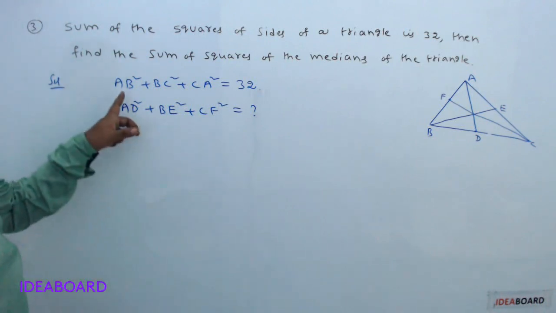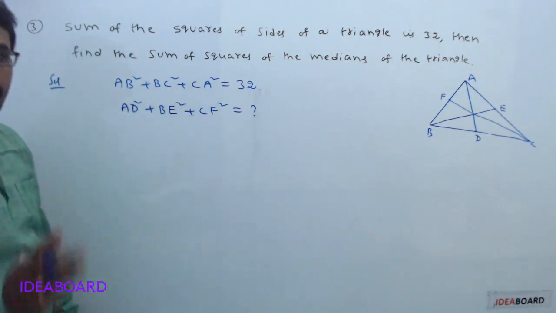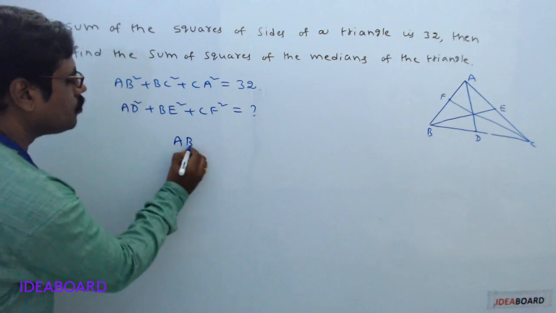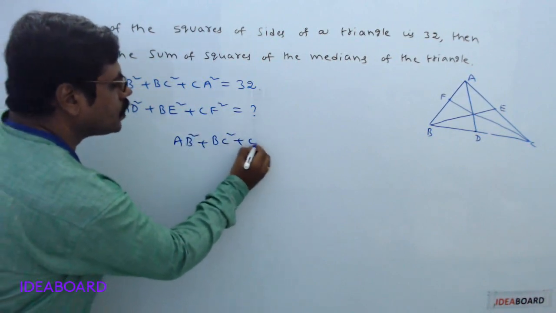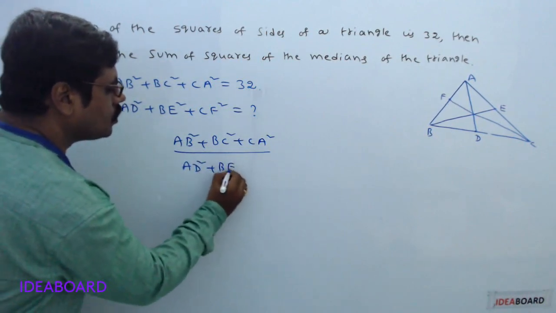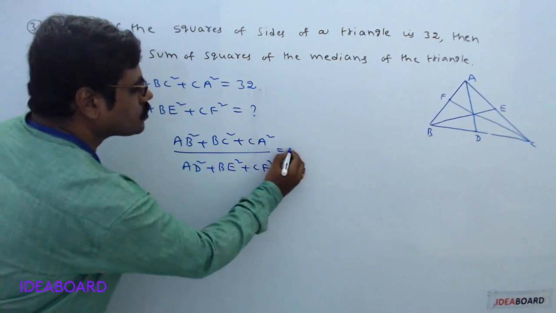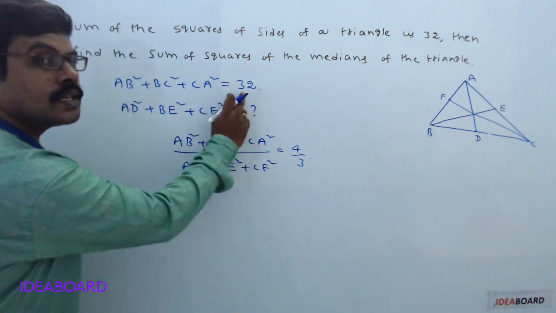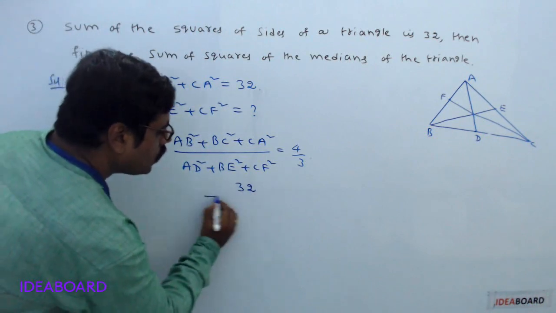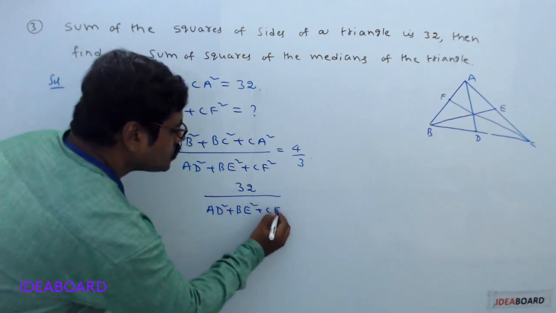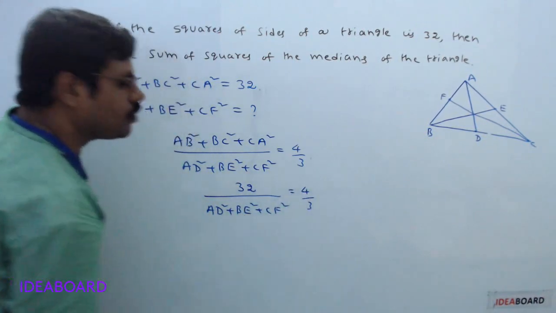So the relation between AB square plus BC square plus CA square and AD square plus BE square plus CF square is, AB square plus BC square plus CA square divided by AD square plus BE square plus CF square is 4 divided by 3. Now substitute the corresponding values. Here AB square plus BC square plus CA square is 32. So 32 divided by AD square plus BE square plus CF square equals 4 divided by 3.